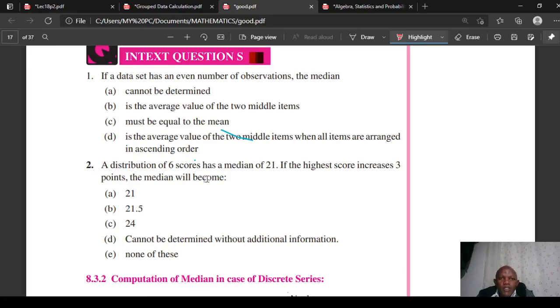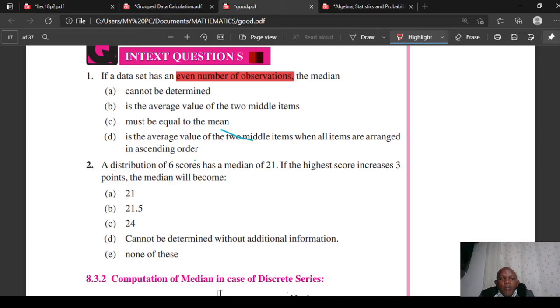The question that I want us to think about is what I've just asked here. If a data set has an even number of observations, the median: A, cannot be determined. B, is the average value of the two middle items or observations.